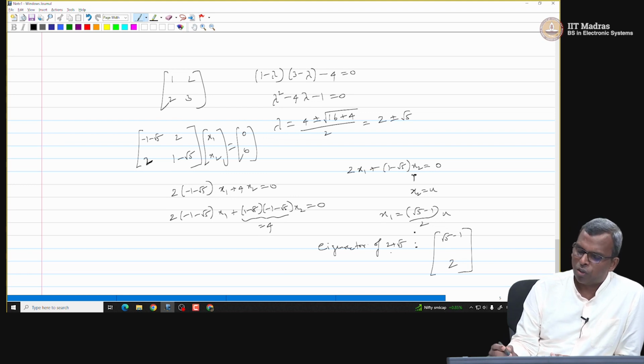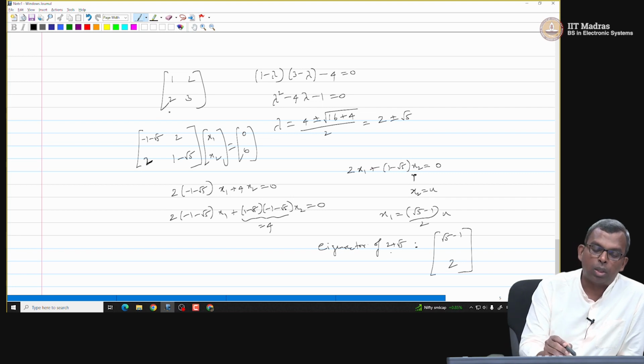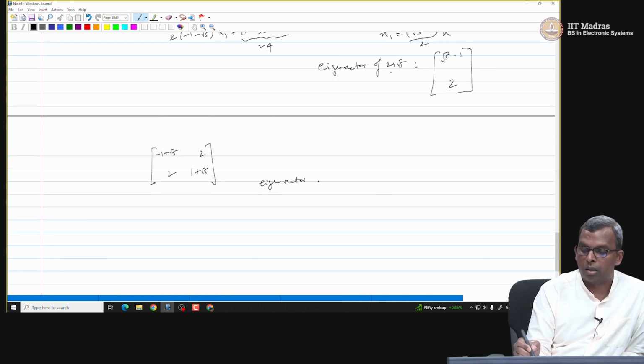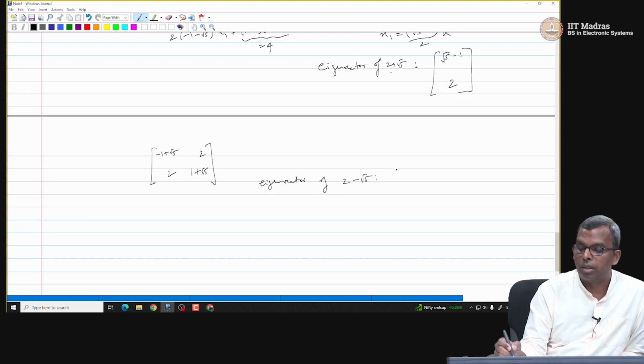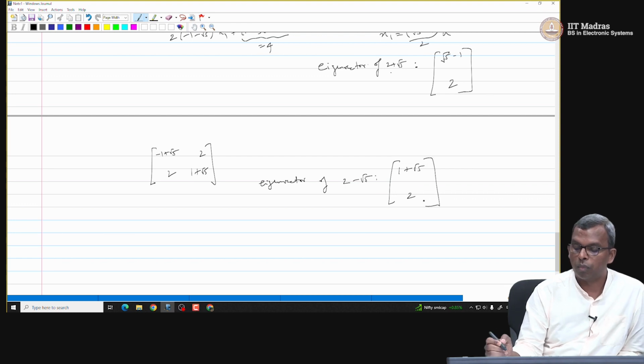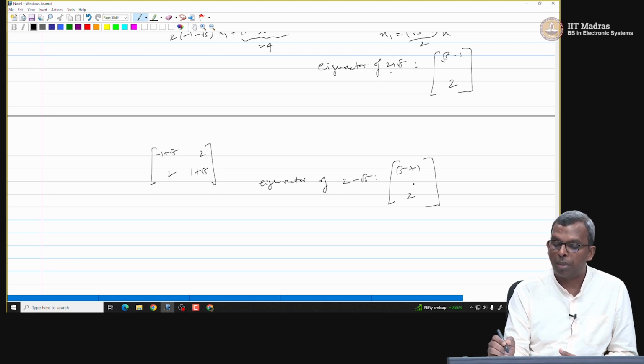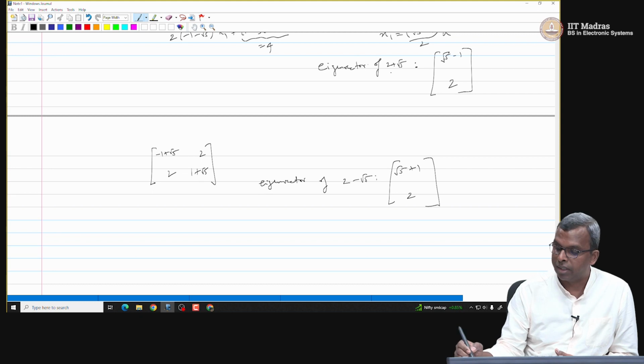You can also find the eigenvector for eigenvalue 2 minus root 5 and then go to an orthonormal basis. The question asks you for something like that, but maybe I will do it. For 2 minus root 5, I can put x2 equals 2, I would get x1 as 1 plus root 5, so maybe root 5 plus 1, 2.